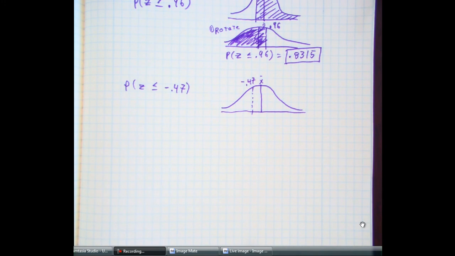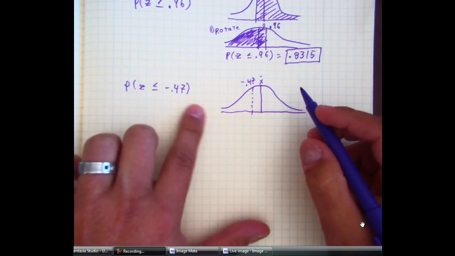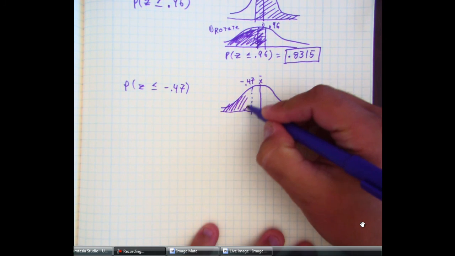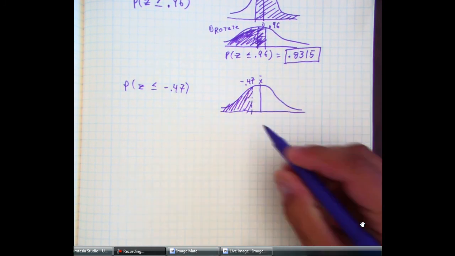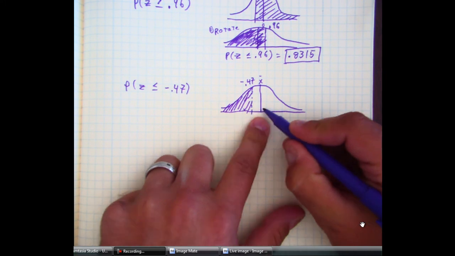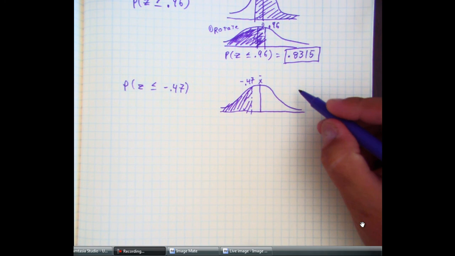It's negative. And z being less than a negative, anything that's less than a negative is also to the left. So if we look at this critically, you see that less than 50% of the area has been shaded. So our answer should be less than 0.5.